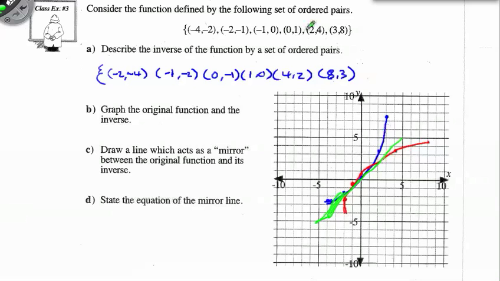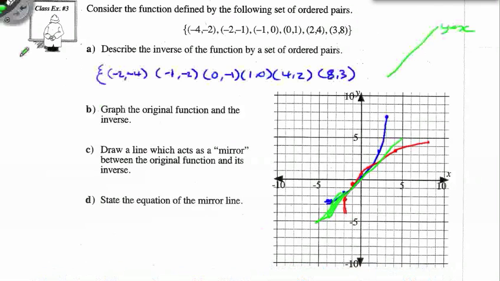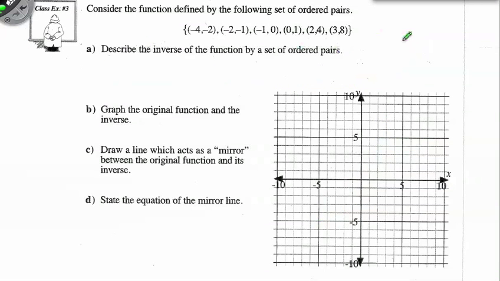Okay, so basically if I have the line y equals x or x equals y, I can have a mirror image. So let me just clear this first of all. I can have a mirror image. Here's your y equals x.